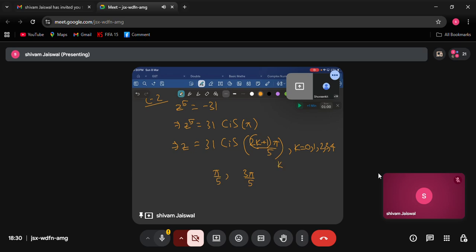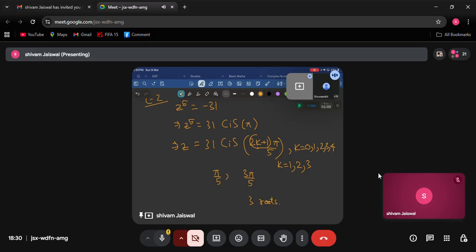Yes. For k equal to 1, we are getting a negative real part. For k equal to 2, negative real part. For k equal to 3, 2 3s are 6 plus 1, 7 pi by 5. 7 pi by 5 is lying in which quadrant? So for k equal to 1 to 3 you are getting negative real parts. So over here there will be 3 roots.